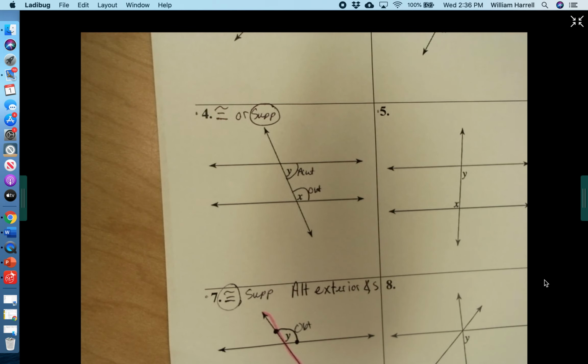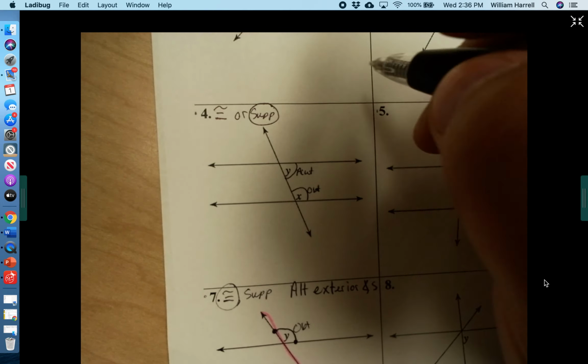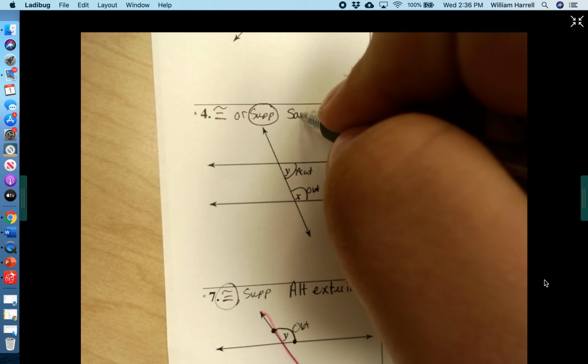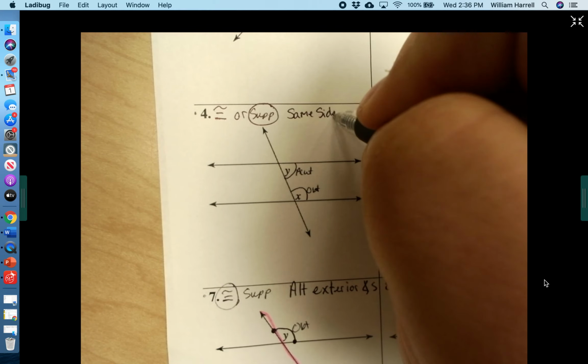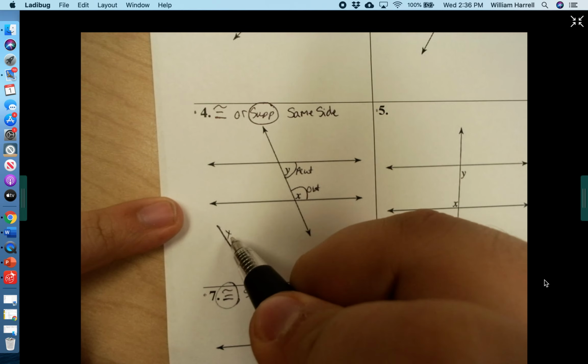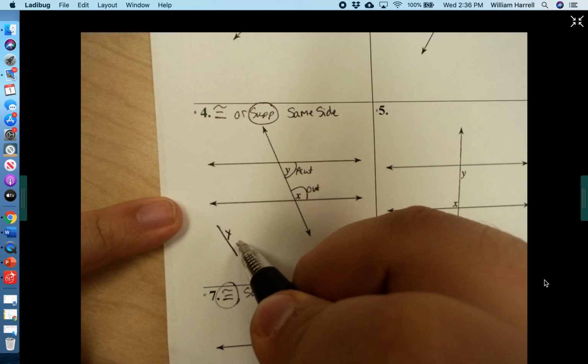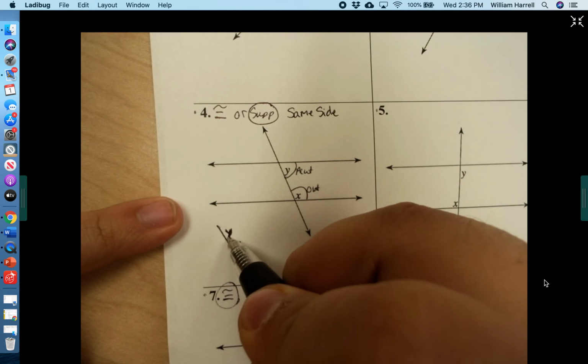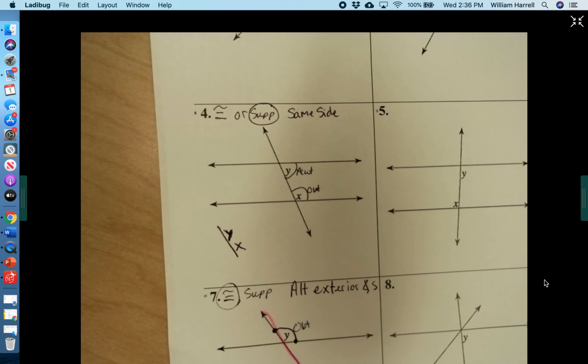Okay. Now, when we work on naming them, again, focus on your transversal, then focus on the actual parallel lines. So, your transversal, are these alternate or same side angles? These are same side angles, because my transversal is here, y is up top, x is on bottom, but they're both on the same side.